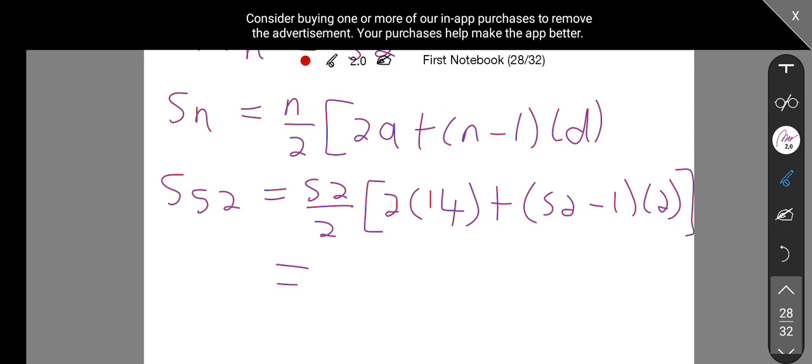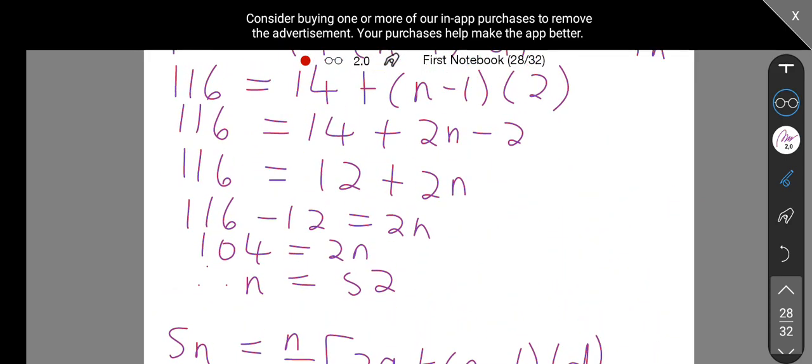Let's punch all on the calculator. And we get 3380. The answer is 3380. Okay, so let's go back and write this. It's 3380.